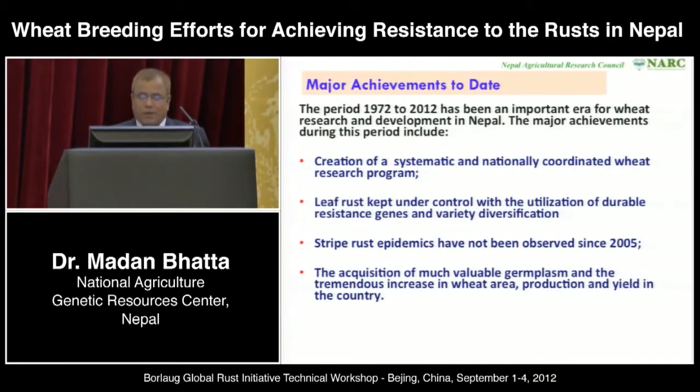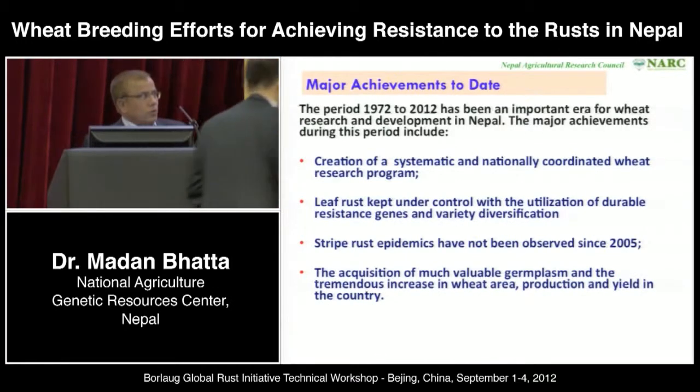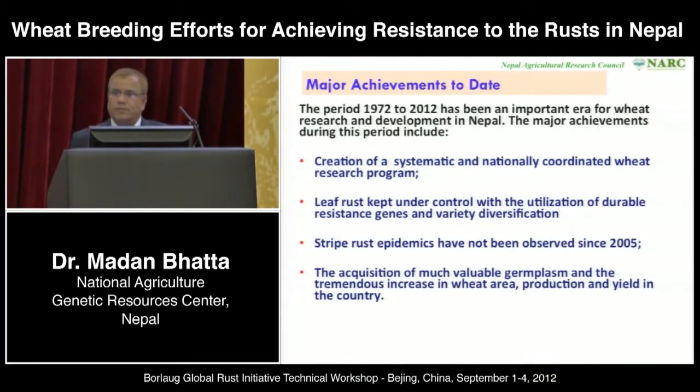Well, this is my final slide. We had 4 decades of wheat research and development activities from 1972 until now. This has been an important era for wheat research and development in Nepal.